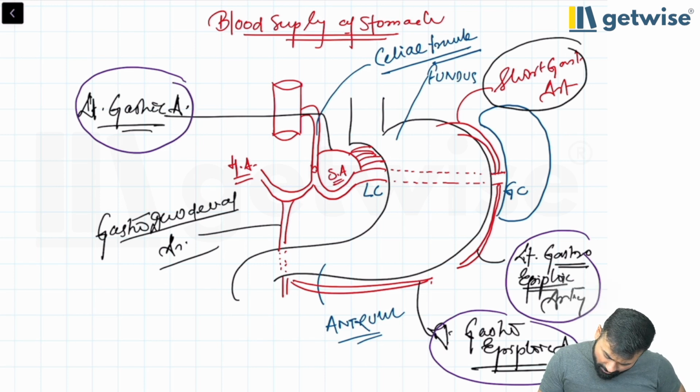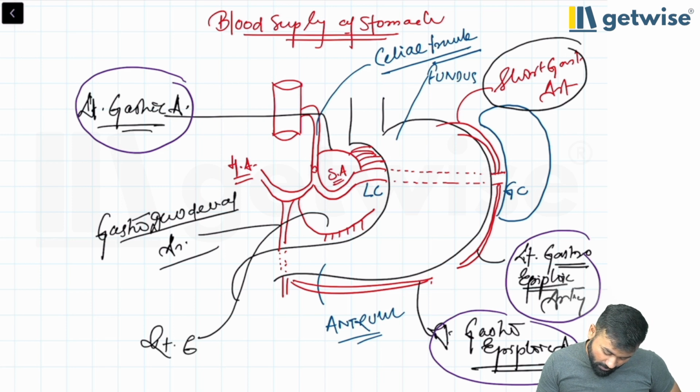The hepatic artery will give one more branch, called the right gastric artery.